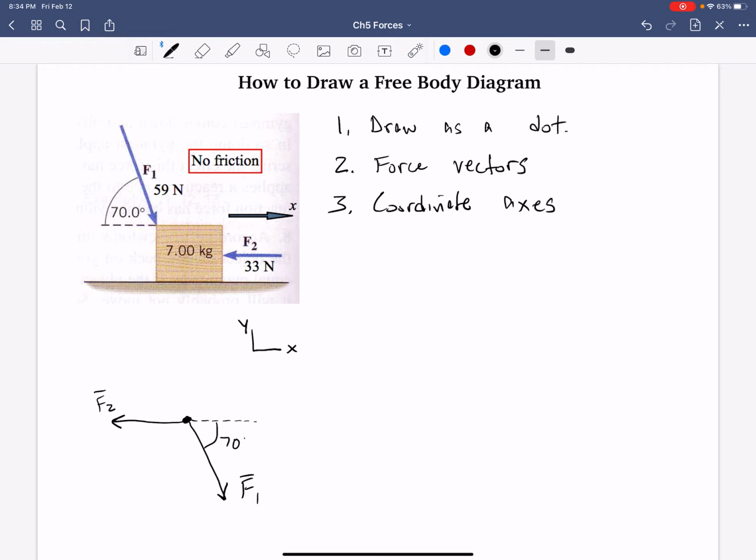Depending upon your problem, depending upon the vectors, you can choose, say, right and down as plus x and plus y, or say left and up. Completely up to you. If you really want to throw your brain for a loop, as an exercise, you could say that's x and that's y.